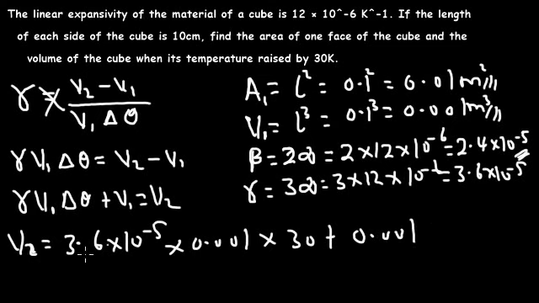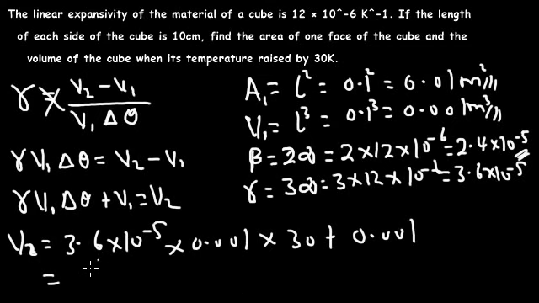Perfect. So we are going to type that into our calculator again and have our final answer. So we have 3.6 times 10 to the power of negative 5, then multiply by 0.001, multiply by 30, and plus 0.001.